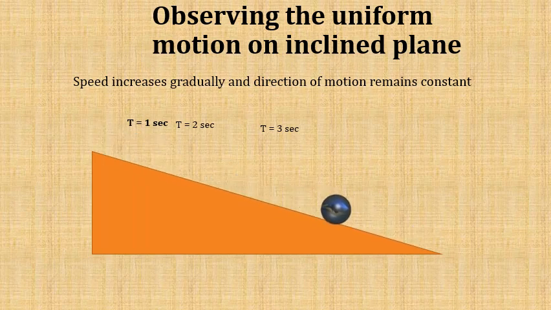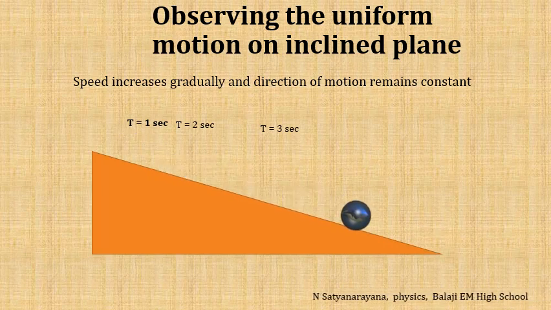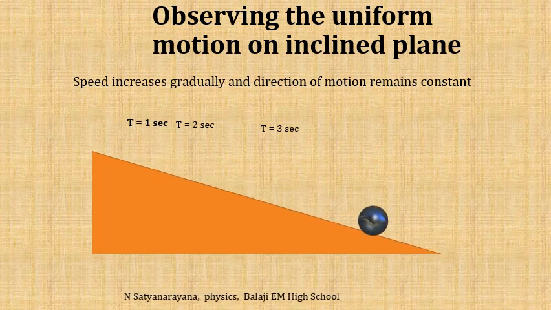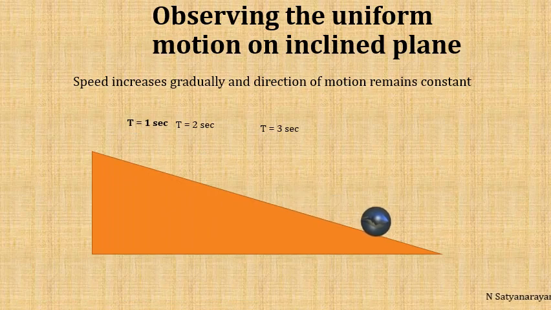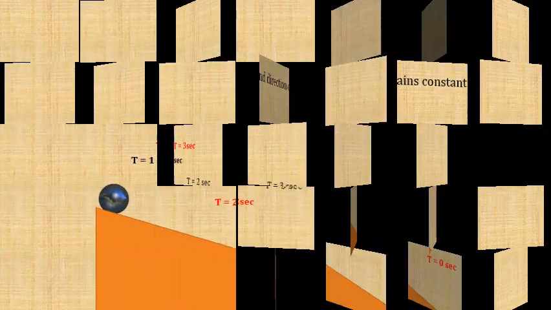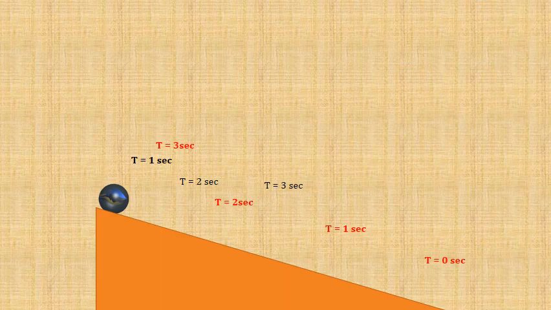You can observe one more example. As the ball goes down, if you apply a force, it moves upward also. Initially the ball goes upwards with greater speed and the speed decreases slowly.